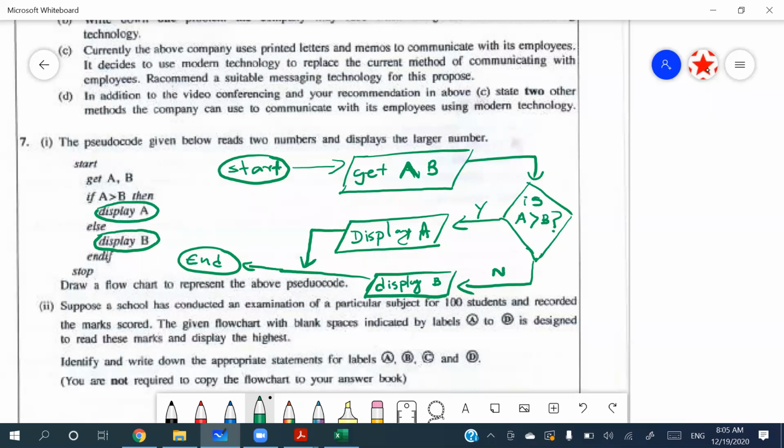Why are we connecting like that? Because in an if condition or in a selection, they are going to deviate the path due to the condition, and then again at some point they are coming together again.